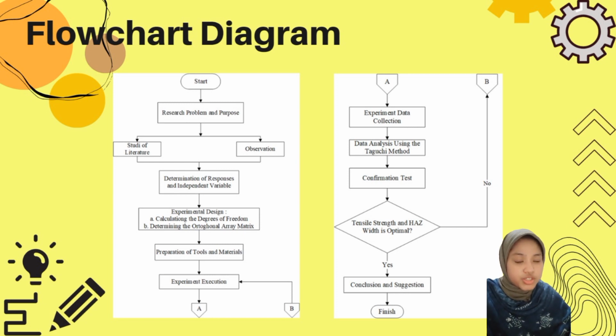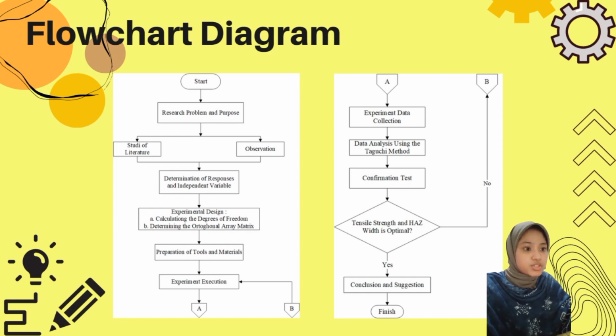Start, and then research problem and purpose, study literature, observation, determination of response and independent variable, and then experimental design has calculating the degree of freedom, determining the orthogonal array matrix, preparation tools and materials, experiment execution, and then experiment data collection, data analysis using the Taguchi method, confirmation test, and then until tensile strength and heat affected zone width is optimal.